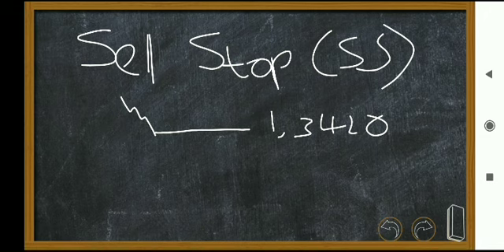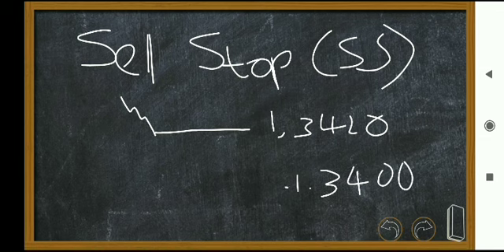So let's just say you set it at 1.3400. That's 20 pips below the current market price. When it touches and passes, your order is activated. And as it continues, you'll see your profit.